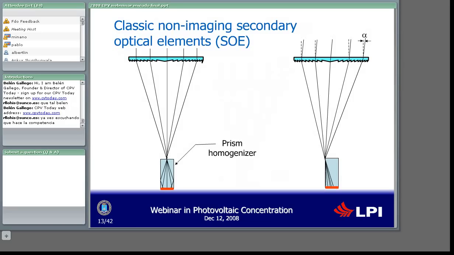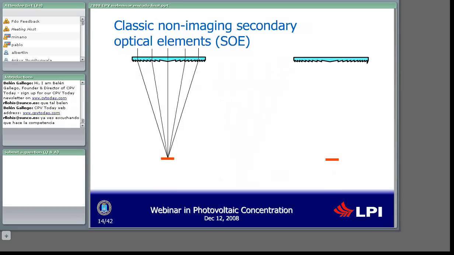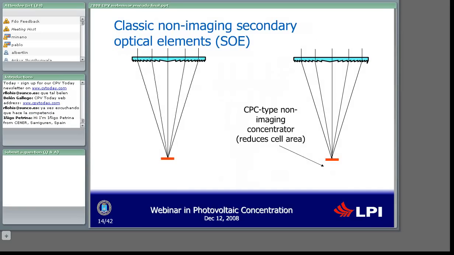There are other examples of classical non-imaging secondary optical elements. One of them is an element that could also provide concentration to the system in order to further reduce the cell area. This is the case, for instance, of a CPC type non-imaging concentrator.